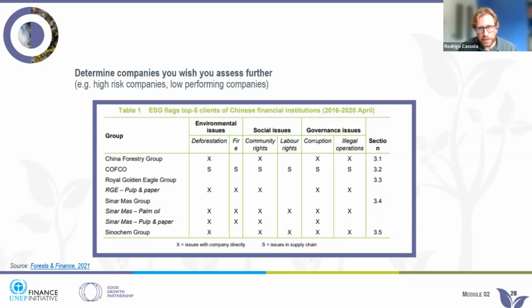Once you define that subset, the graph here is just indicating one potential way of doing that. It shows companies in the portfolio of Chinese financial institutions based on different criteria, such as whether there is any indication of deforestation or community rights and social issues. This is just an example of how we could select companies, apart from sourcing regions and sectors, as we mentioned before.